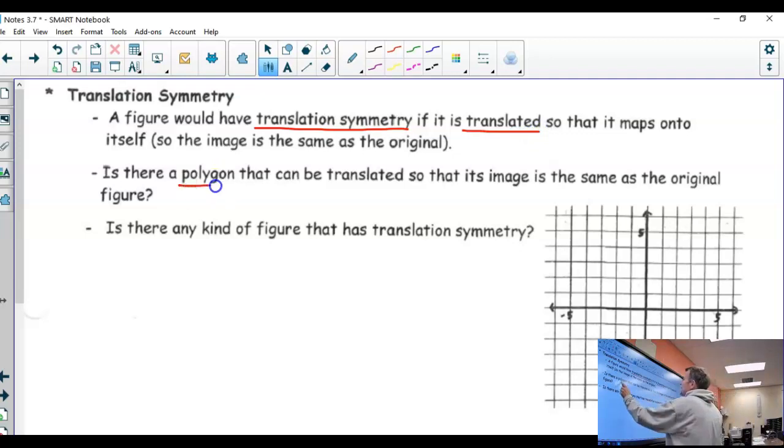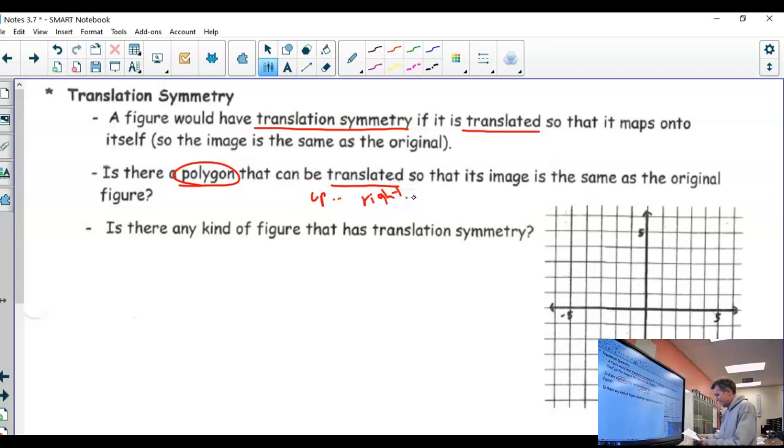Now, is there any polygon that can be translated, like up some amount and right some amount, so that it's the same as the original figure? Like if I take this triangle and I move it up or down or right or left, is it going to end up right where it started?